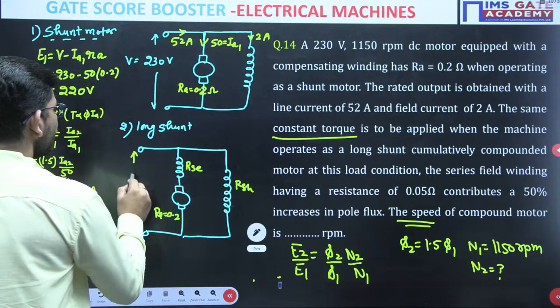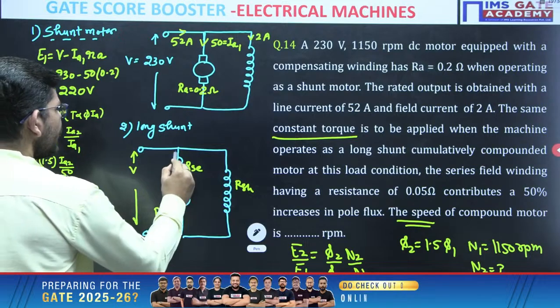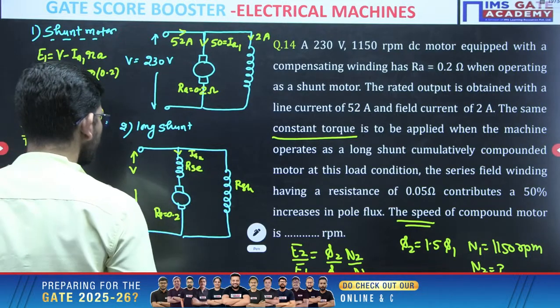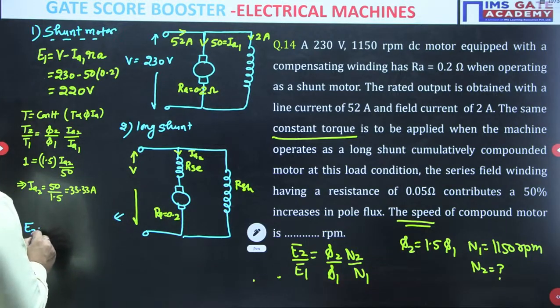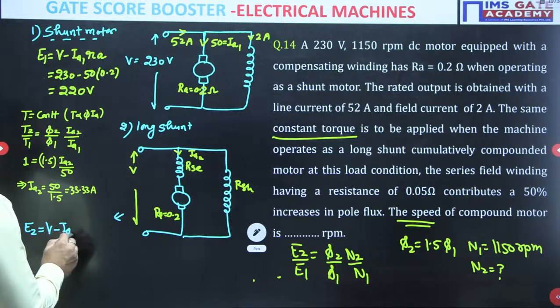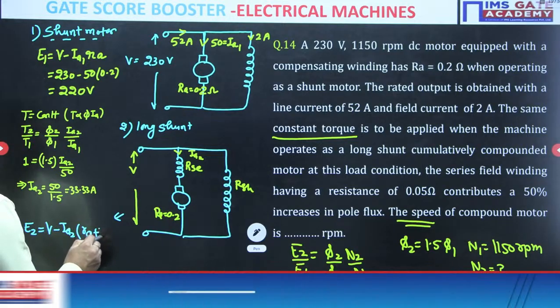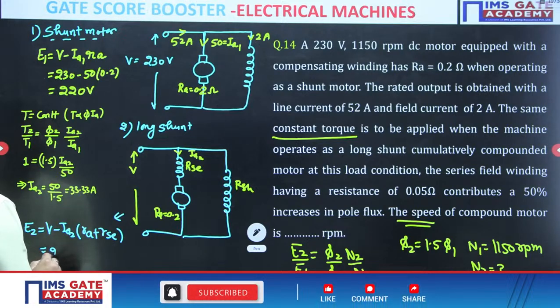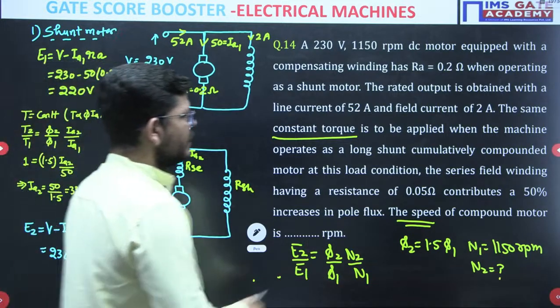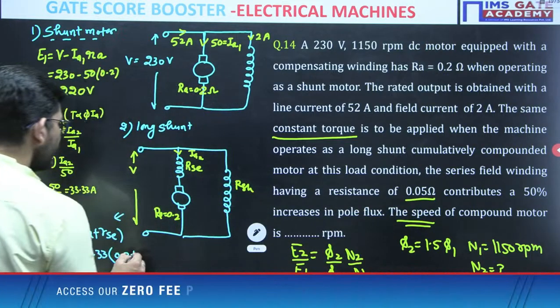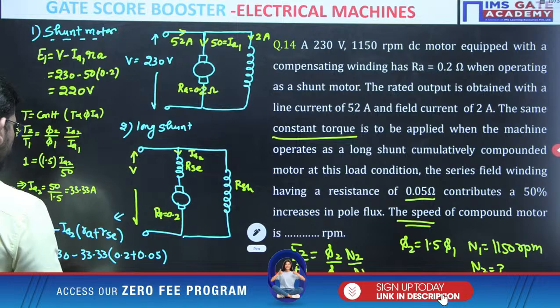Here is the voltage, and IA2 is known to us. If we apply E2 equals V minus IA2, it will be not only RA, we get RA plus RSC. So 230 minus the new current, 33.33, times RA, 0.2, plus RSC, which is given as 0.05. From here we get the E2 value as 221.66.